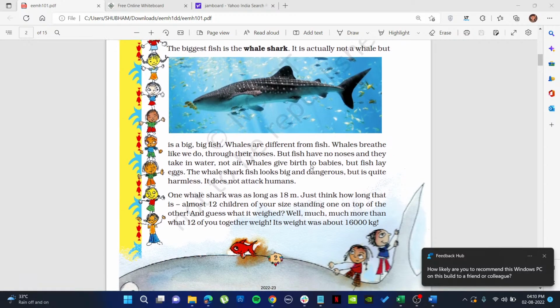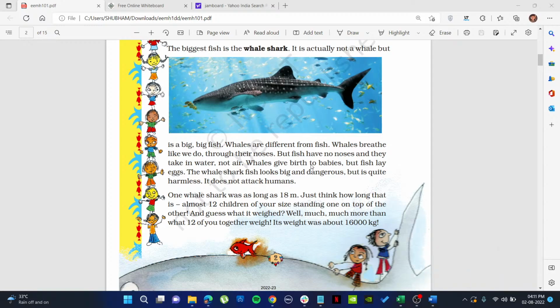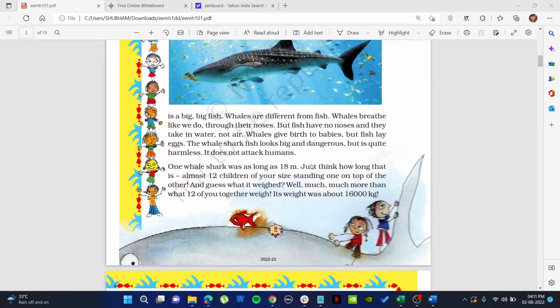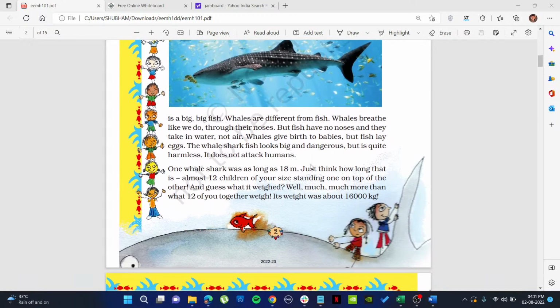They do not attack. If we compare some other fish like shark can attack, but when it comes to whale shark, that is different from other shark, they do not attack. Although they are very big and seem to be very dangerous, they are quite harmless. Okay, so this is another difference if we compare whale shark with other shark.